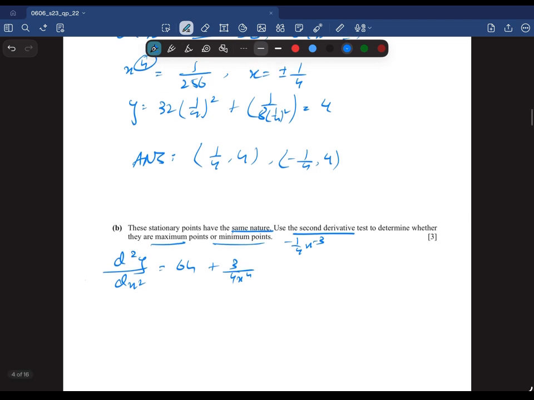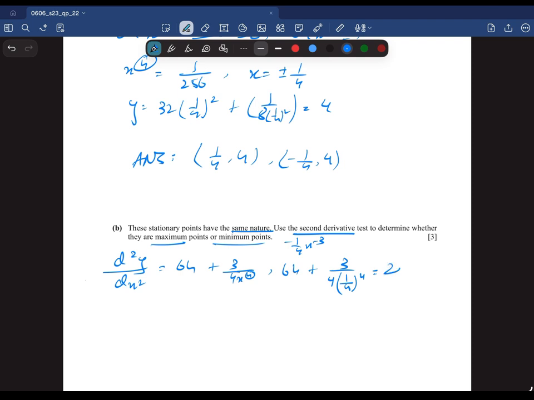Yeah, and we plug in any one of the values, it doesn't matter, as the power is even, if it's plus or minus 1 upon 4, the sign gets cancelled. Plus 3 upon 4 times 1 upon 4 to the power 4.